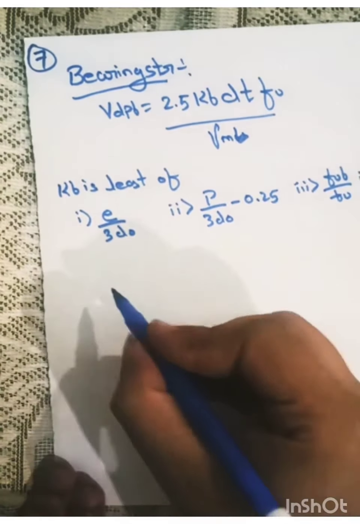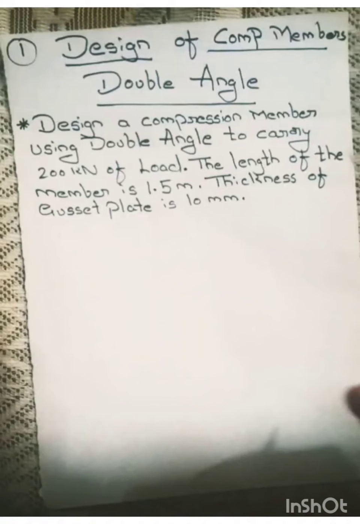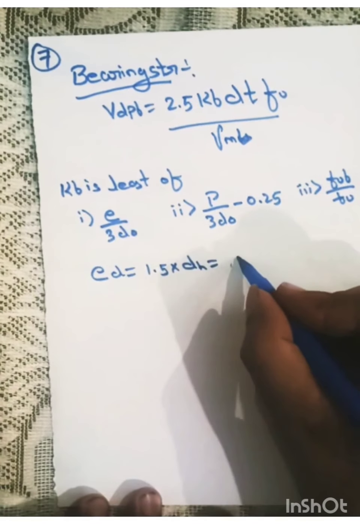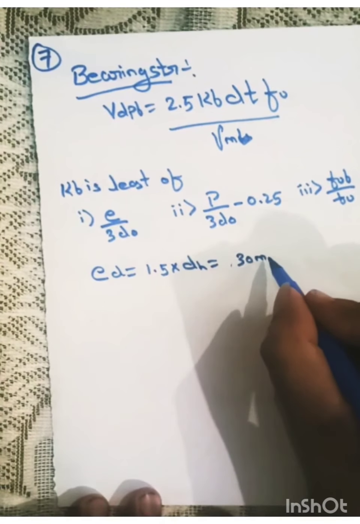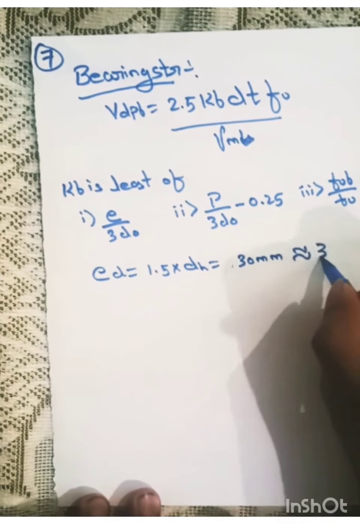So E, that is edge distance, we will take 1.5 times the diameter of hole, that is say 30 mm. Let us take it as 35 mm.